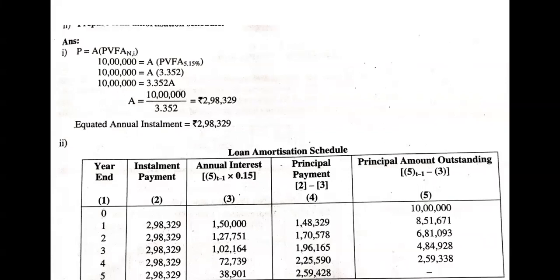So you should go to the PVIFA table, the present value interest factor of annuity table. For 5 years at 15%, the value you will get is 3.352.